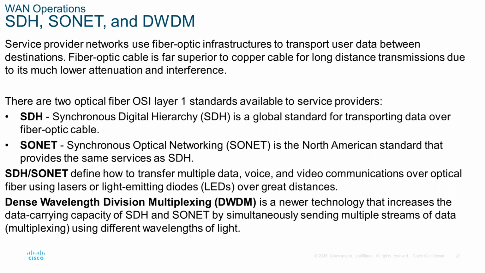And the common ones that provide this are SDH, synchronous digital hierarchy, and SONET, synchronous optical networking. Okay, so they are the two main ones for international communications. And they generally use dense wavelength division multiplexing to increase the capacity over their old standards.